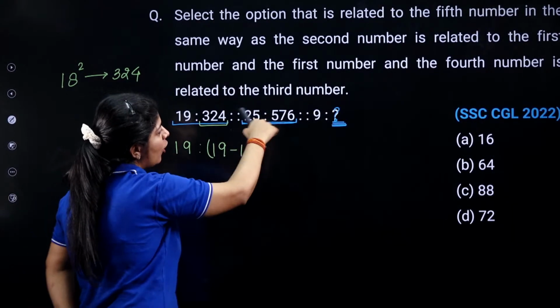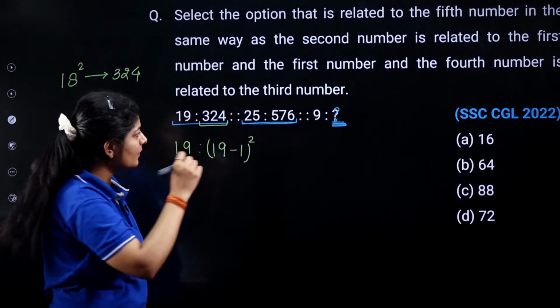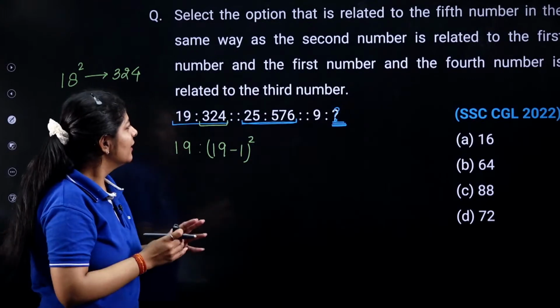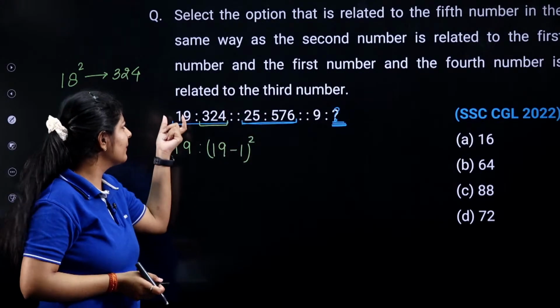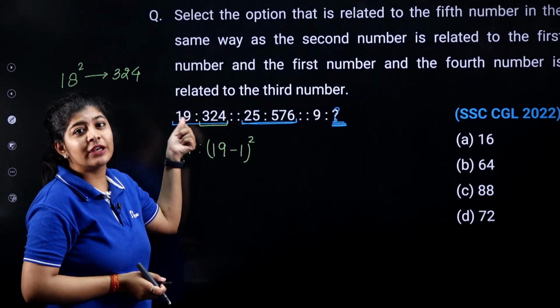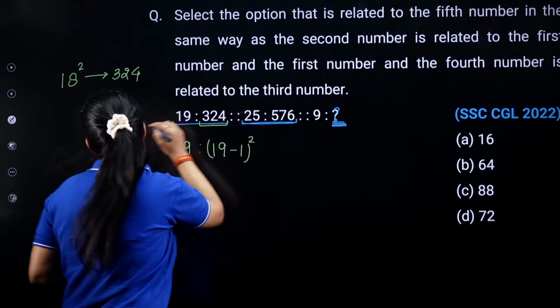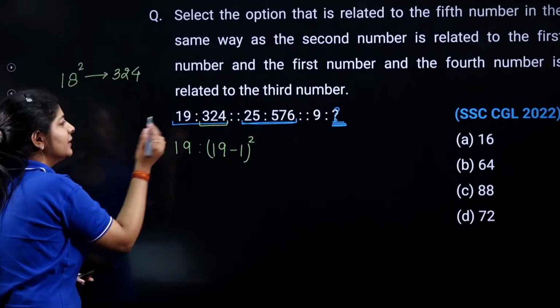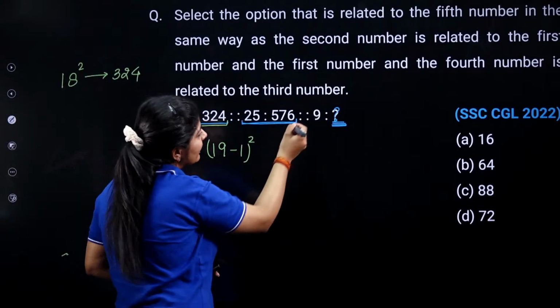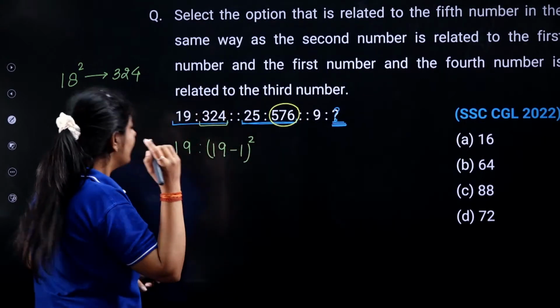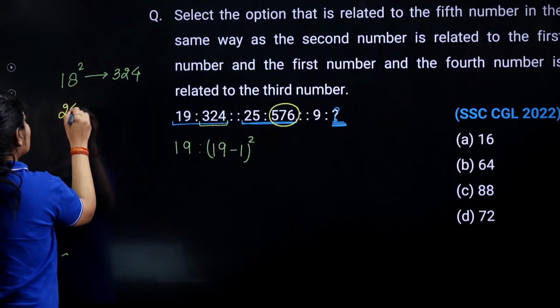Okay. Let's check this one. 25. 25 is a square of 5, but we are not going to consider that because in this case we do not have a perfect square as our number 1. When I come to this number 576, again I am recalling all the squares.